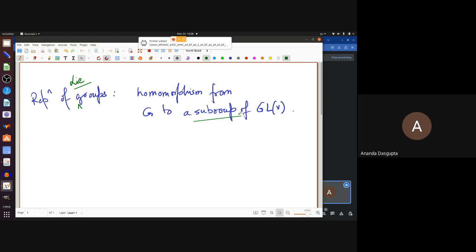Now, for Lie groups, the same thing happens. Every Lie group element would have to map onto some element of the subgroup of GLV for this to be a representation. Of course, because the group elements themselves depend on parameters, the corresponding linear operators on GLV would also depend on the same bunch of parameters.